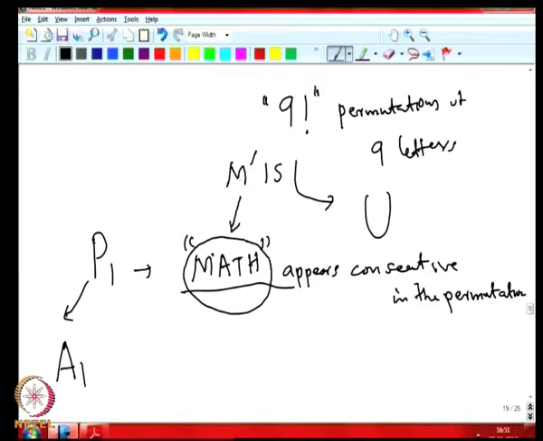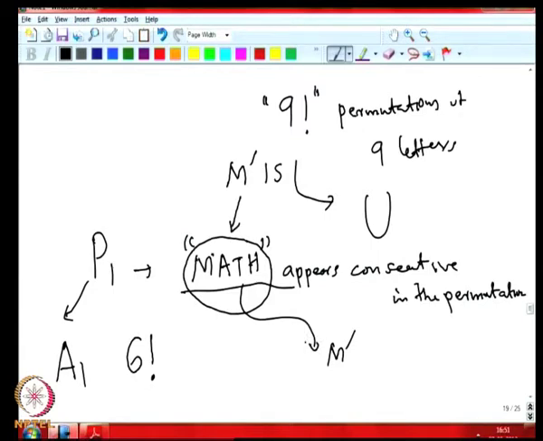So that means we have 6 letters. So we have 6 factorial ways of doing this, because wherever we see m dash, we insert this entire math. That is what I will do.